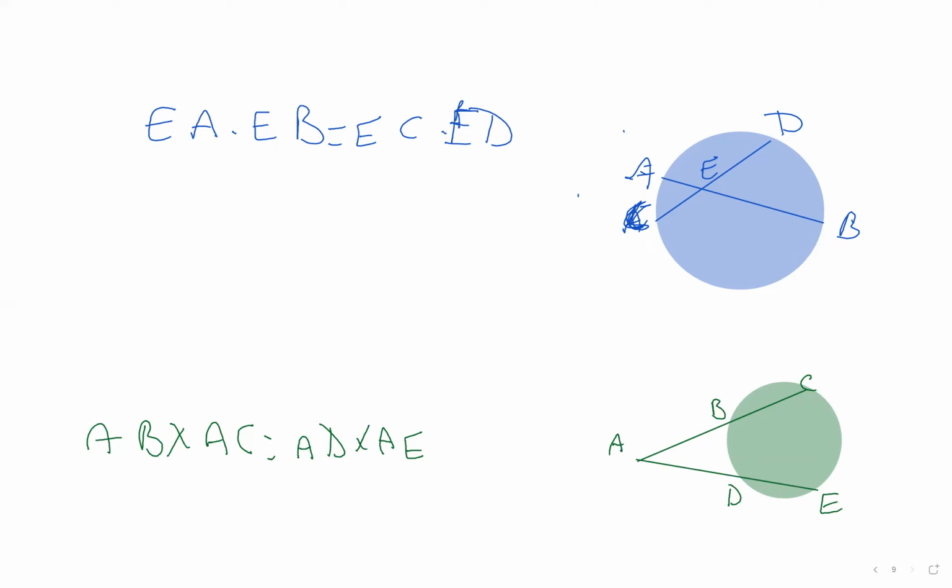What about if one of these is a tangent? If one of these is a tangent, like this one, and this a tangent, and this is the chord, and this is A, B, C, D. So A is written 4 times also.